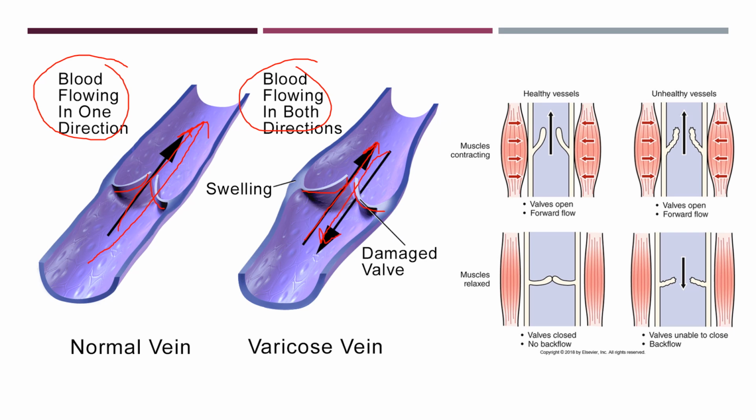So backflow is something that we do not want, right? That means this valve isn't doing its job. This is where we're going to get a lot of pooling, kind of in these distal extremities. And then we have this increased hydrostatic pressure happening in this area. And then this will leak out into that interstitial space again. So that's something that we don't want.